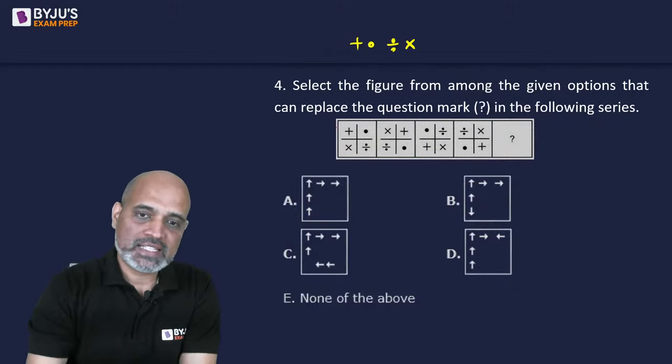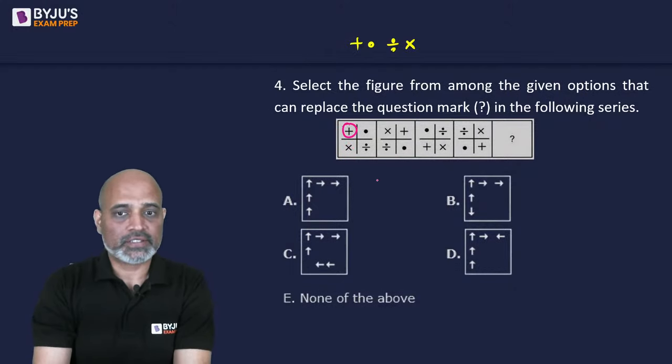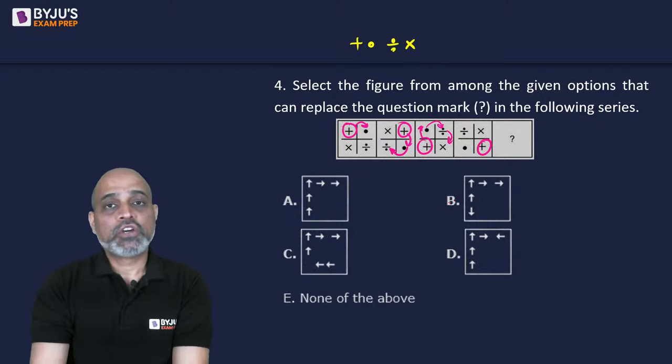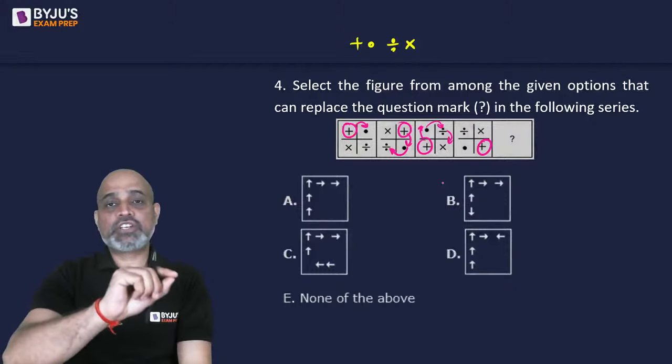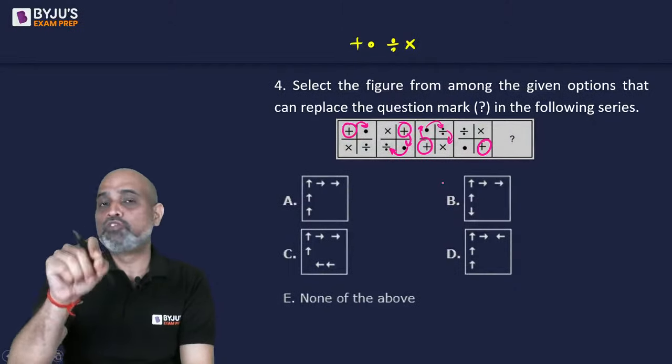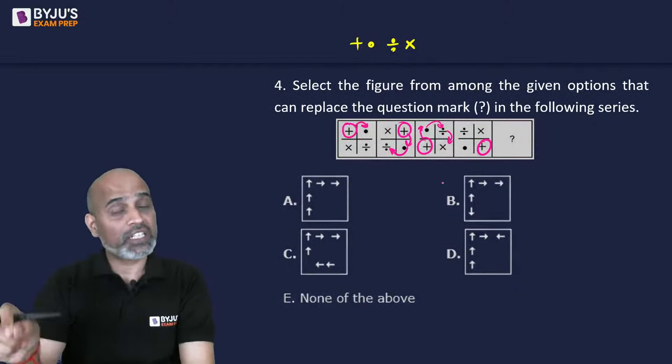So plus is initially here, then it moves to the next one. Then it goes to the diagonal one, as in it moves 2 times. And then it moves here. That means it will move 1, 2, 3. So the plus symbol initially moved by only one place, then by 2 places, then by 3 places.